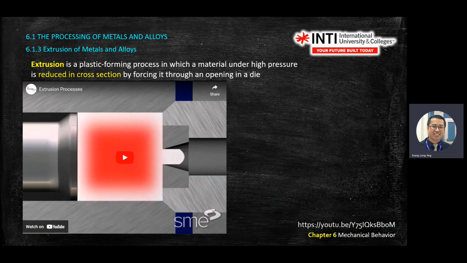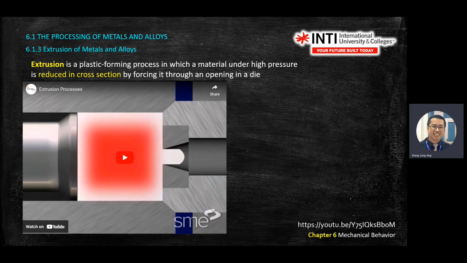If you let go of the force, it will stay at that length. That is called plastic, not elastic. And then after plastic, it will fracture or break. It will break away in two pieces.